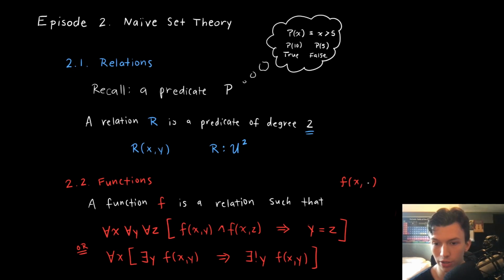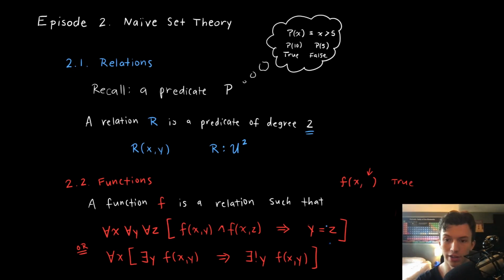I could put the output y here, but it's not going to give us any new information, because there's only one thing that could go in here, and we already know what it is. So in some sense this is giving us a new object.